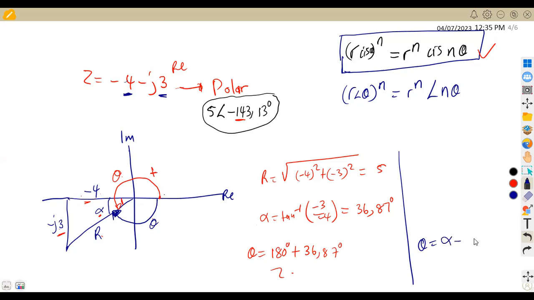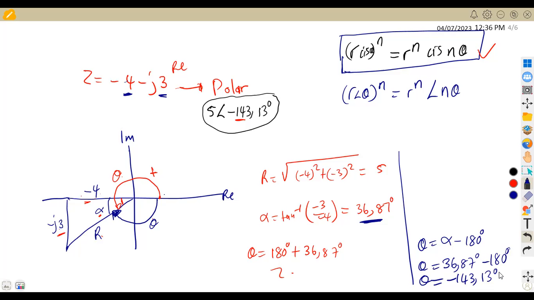It's this reference angle of 36.87 degrees minus 180 degrees. This is the one that is going to give us -143.13 degrees.